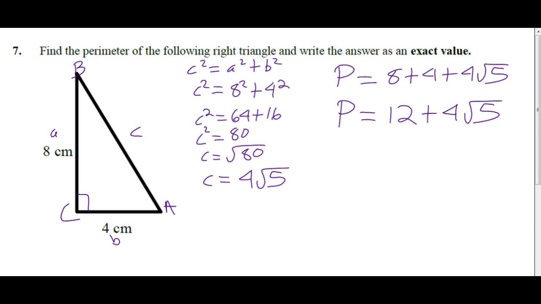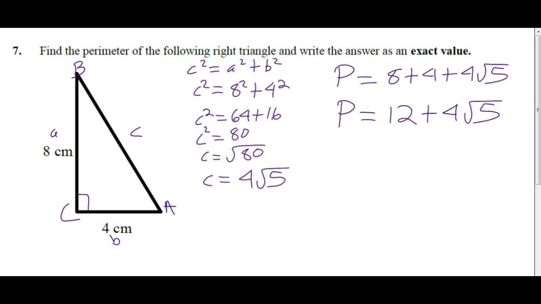When we say exact value, you will never write decimals. Okay? Never, ever, ever. You will not get your calculator out to try and say what is 4 times root 5. And then go and say it's, whatever, 14 point something, or 17 point something. You do that, I will take off a half mark. Okay? Because you have not followed the instruction, which is answer as an exact value.